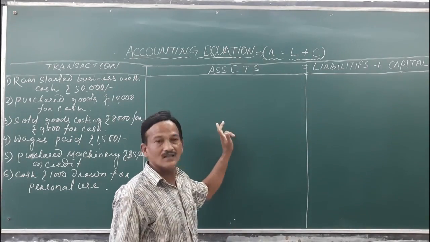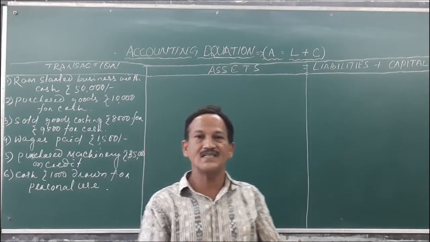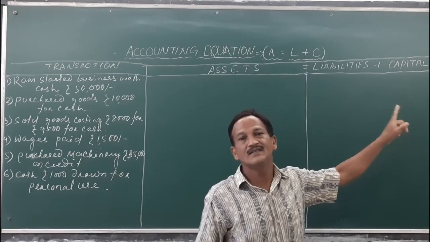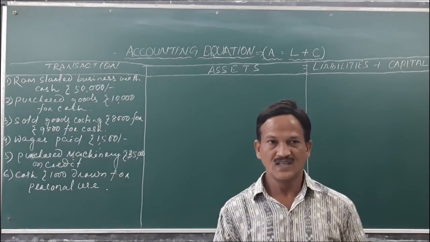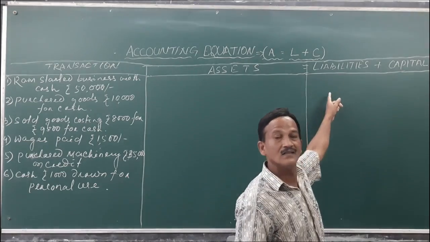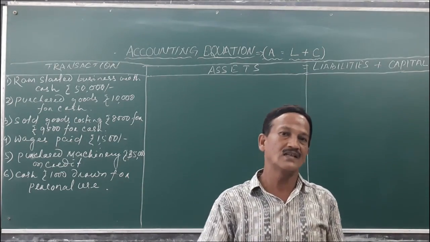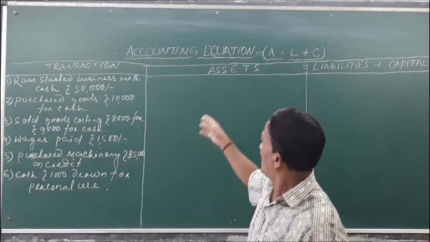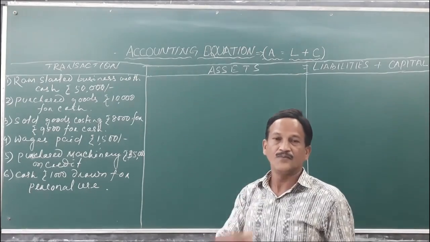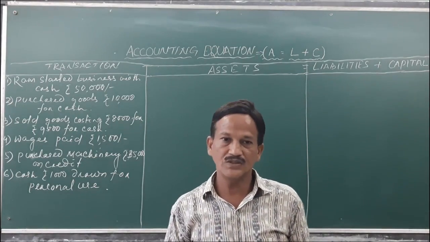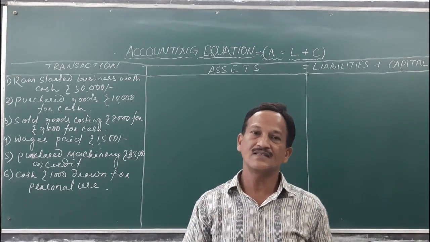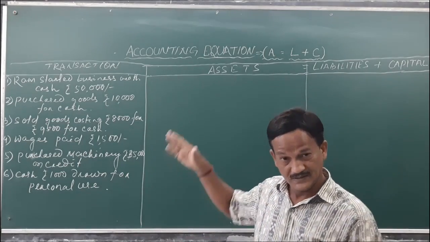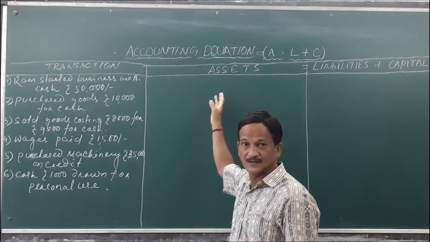That means the total assets of the business equal the total liabilities and capital. Liabilities are the loans or debt of the business, capital is the amount invested by the owner in the business, and assets are the property owned by the business with which the business carries out transactions. So this is the accounting equation.